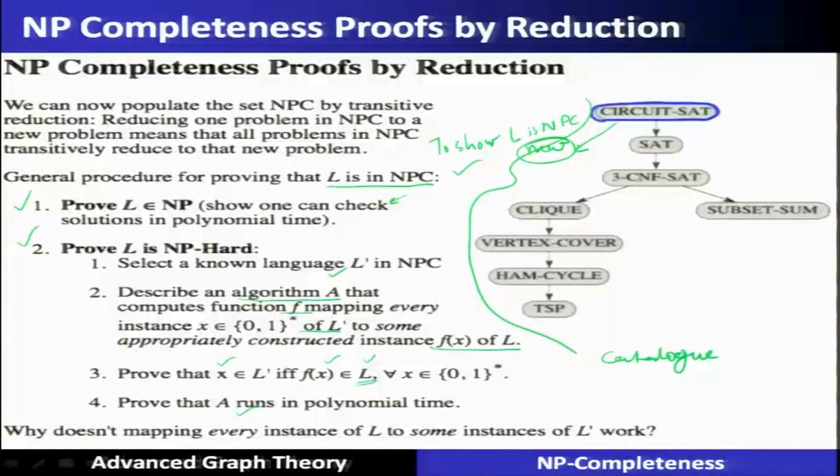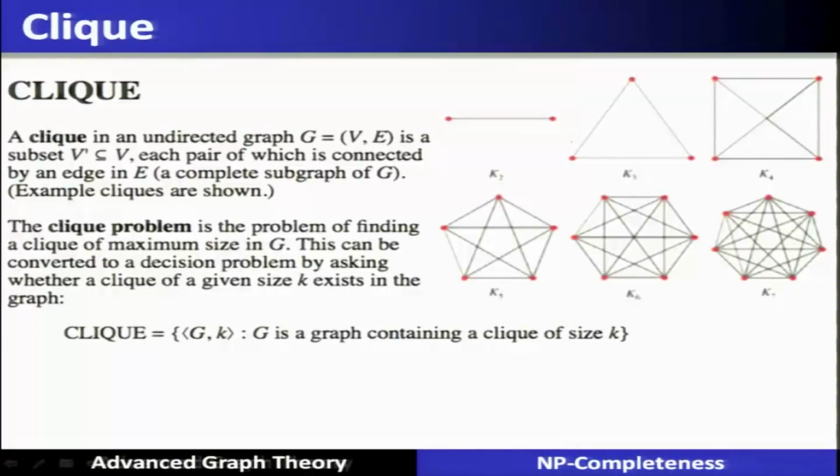Once the problem is in NP and we have proved it to be NP hard, the problem becomes NP complete. Let us take the example of the clique problem. A clique in an undirected graph is a subset of vertices such that each pair of vertices in the subset is connected by an edge, that is, a mutually connected set.